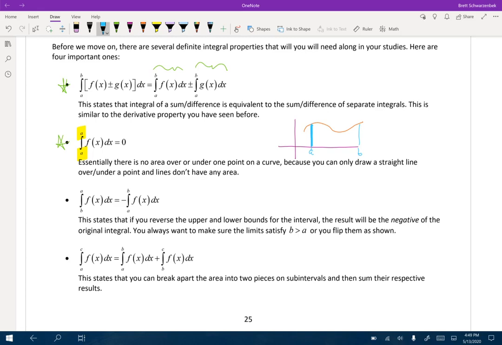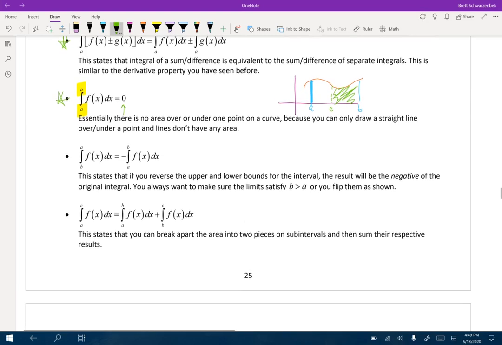Therefore, the area at any one value under a curve is going to be 0. So if I picked a random value over here called c, and I said how much area is above c, it's 0. There is none. But if I said c to b, then I can start accumulating this area using methods that we're going to be using from here on out. So this actually does come into play sometimes, so be aware of it.